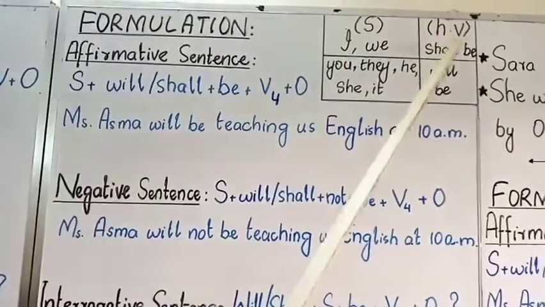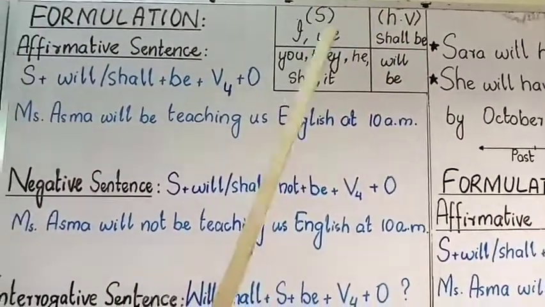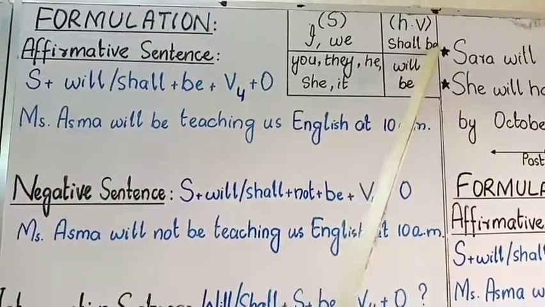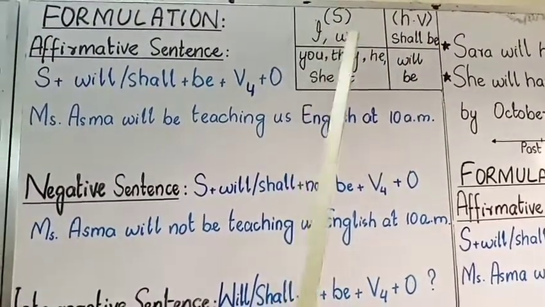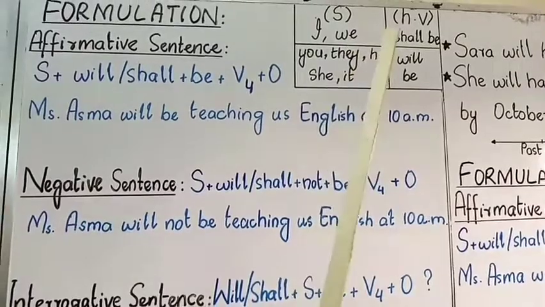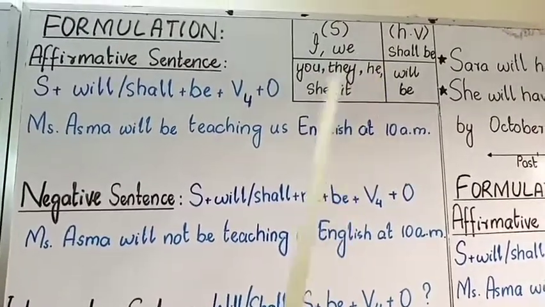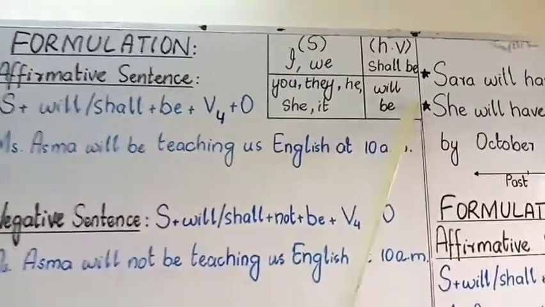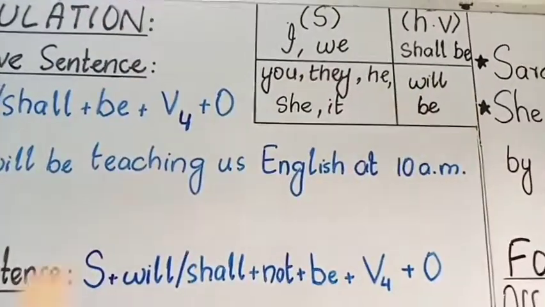For subject and helping word combination, in future continuous tense we use shall be with I and we. And for you, they, he, she, it, we use will be. And for all nouns we also use will be.